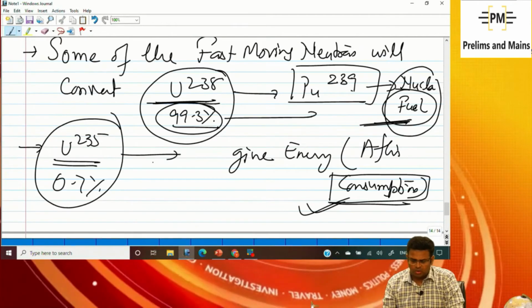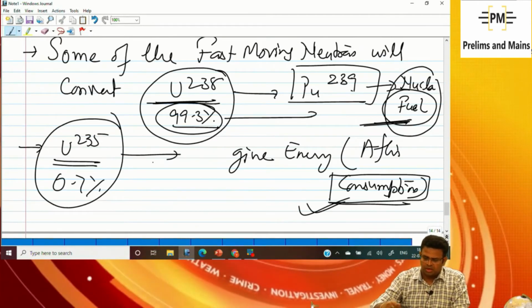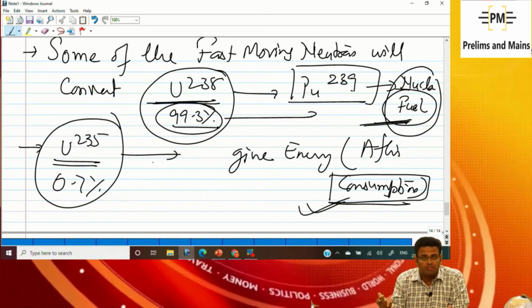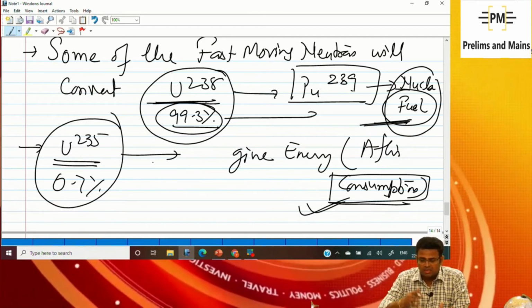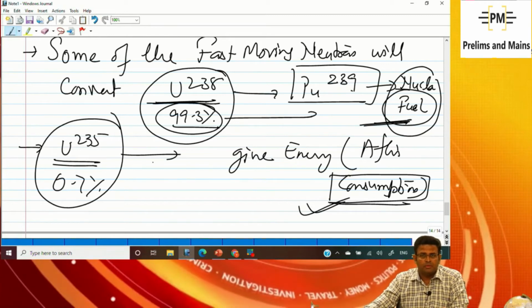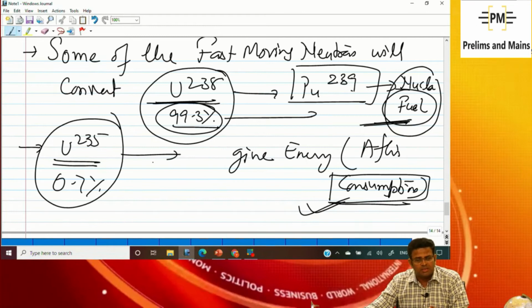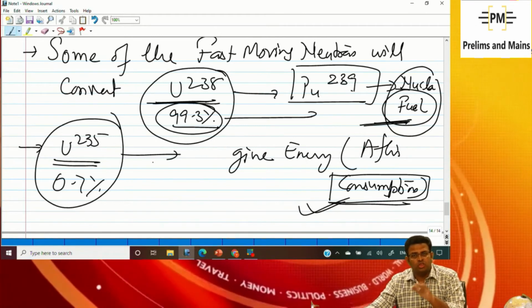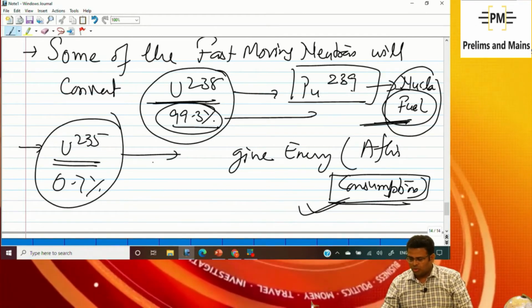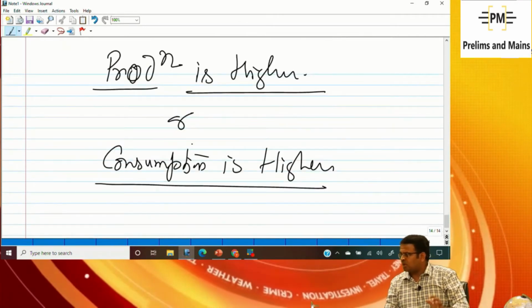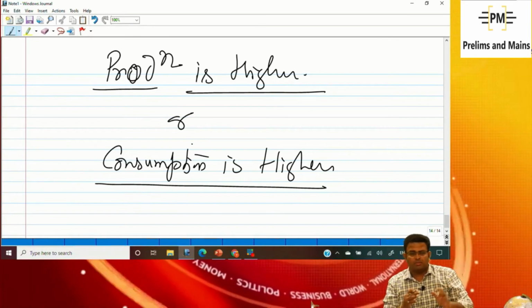I am talking about here uranium-238 converting into plutonium-239, and you know that uranium-238 is 99.3% and it is converting into nuclear fuel, and uranium-235 is very less, 0.7%, and it is consumed. So in this reactor, what is happening? Yes, tell me, is production higher or is consumption higher?